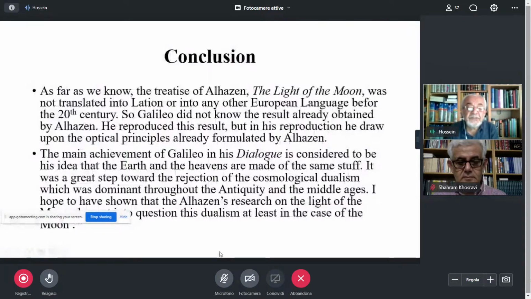The main achievement of Galileo in his dialogue, or at least in parts of his dialogue, is considered to be his idea that the heavens are made of the same stuff as that of the earth. It was a great step toward the rejection of the cosmological dualism, which was dominant throughout antiquity and a great part of the Middle Ages.